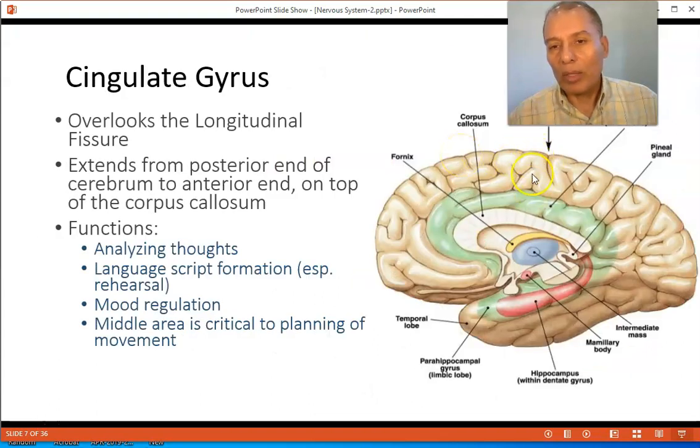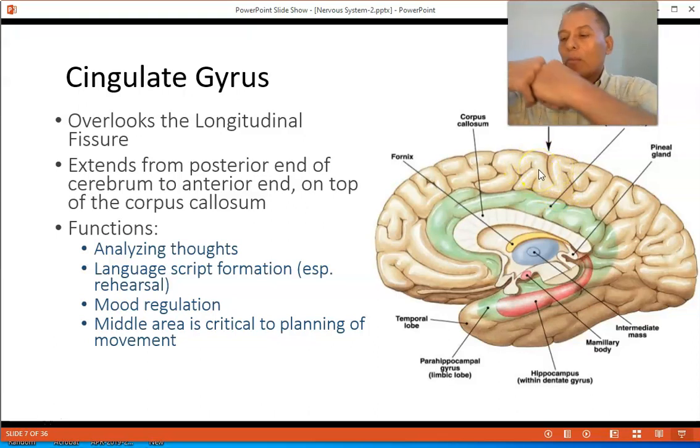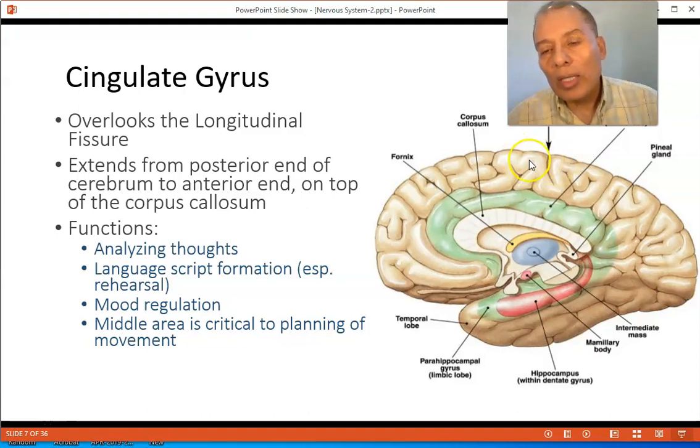The legs will be coming down here. So this part of the motor cortex that is between the two hemispheres controls the feet and the ankle, and this area controls the knees here.